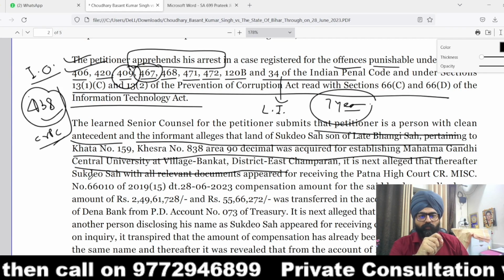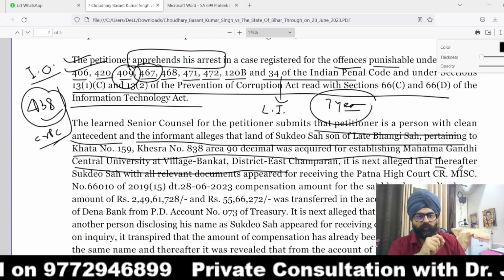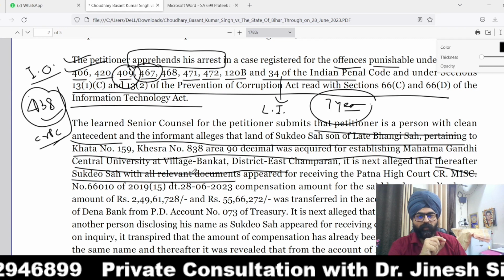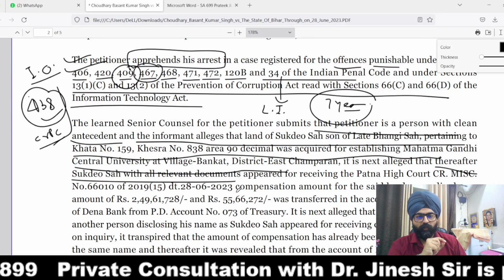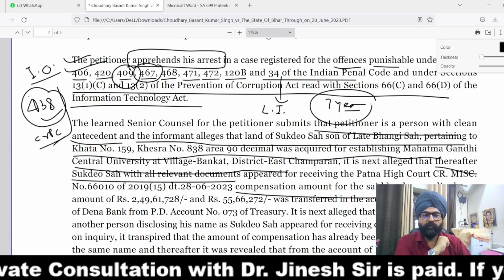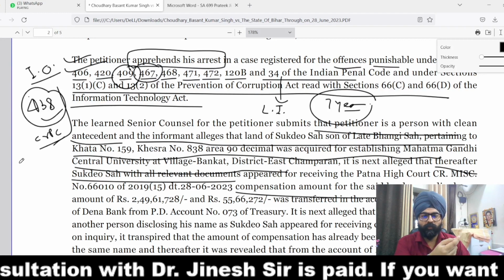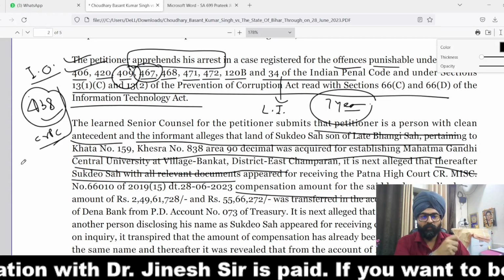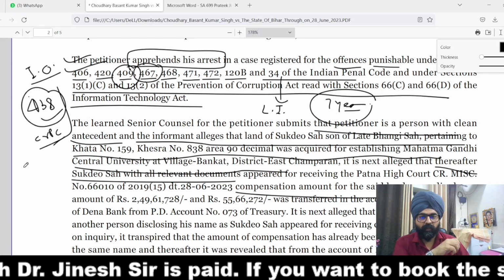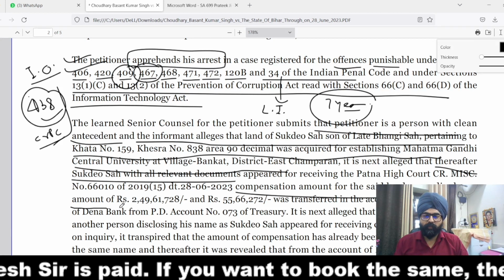The prime allegation subsequent to this is that Mr. Sukhdev, with all relevant documents, appeared before the concerned authority for the purpose of compensation, because when land is acquired as per the protocol of the Land Acquisition Act, there is a protocol for compensation, which is to be awarded to the person whose land has been acquired for certain purposes. In the present case at hand, a particular amount has been computed for the purpose of compensation.